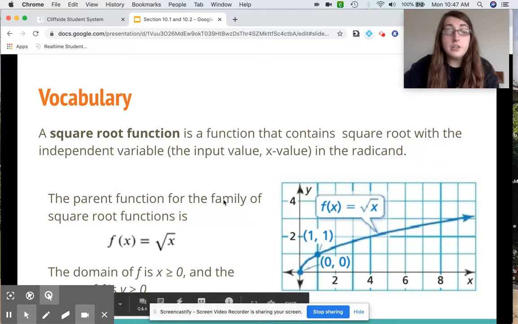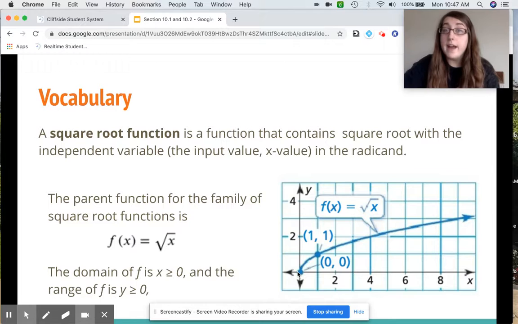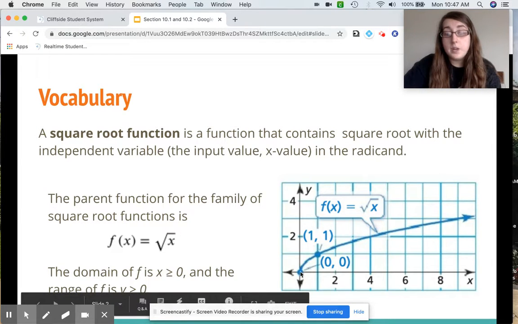Then your domain and your range. So your domain and your range are specific to each graph. So if you're looking at this one, your domain starts at 0, 0 and goes all the way to the right. You don't have any negative numbers for your graph, so your domain is just x is greater than or equal to 0. So it's all the numbers that are greater than 0.